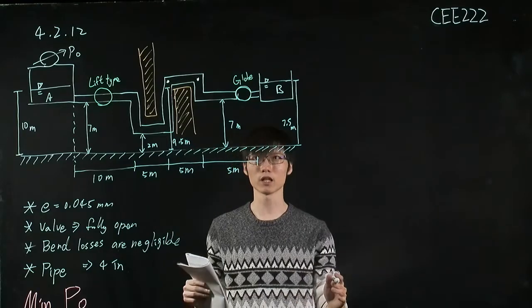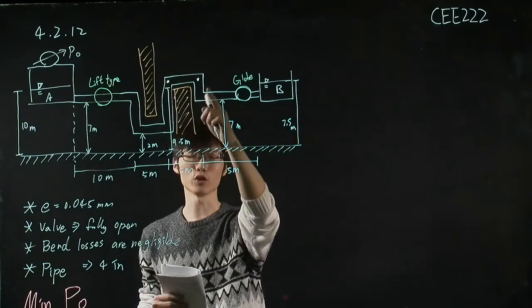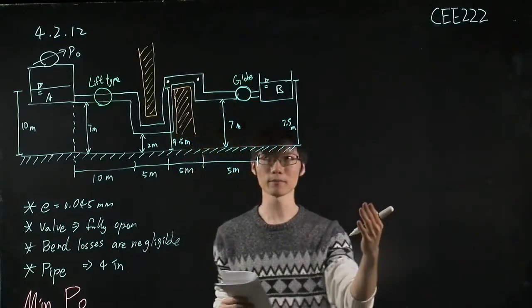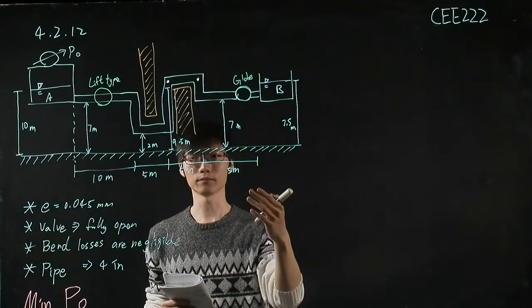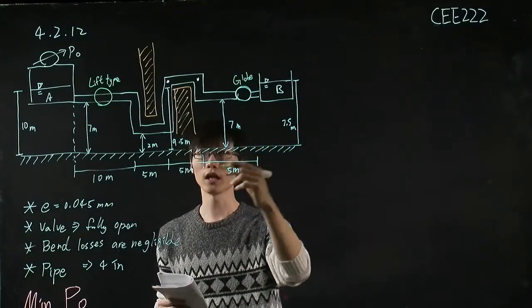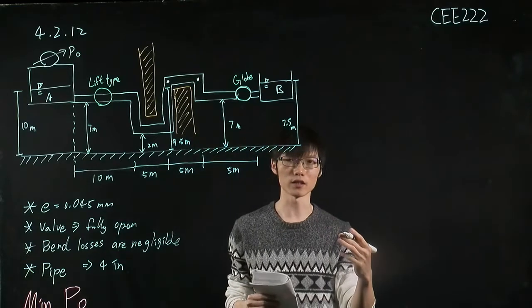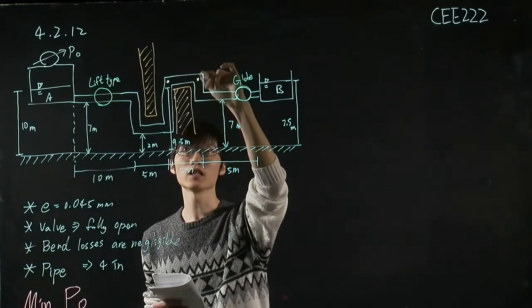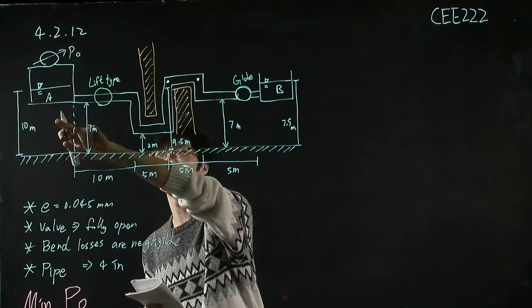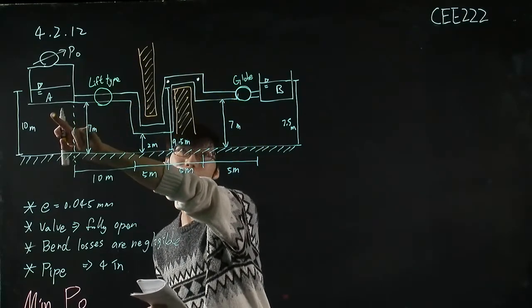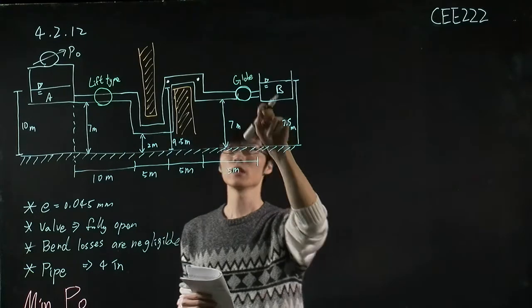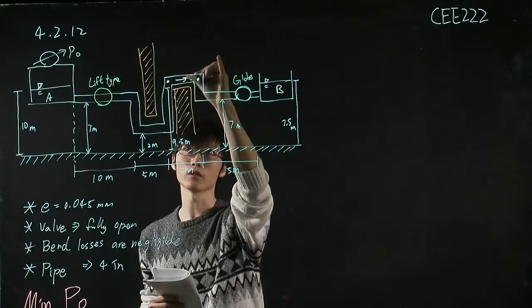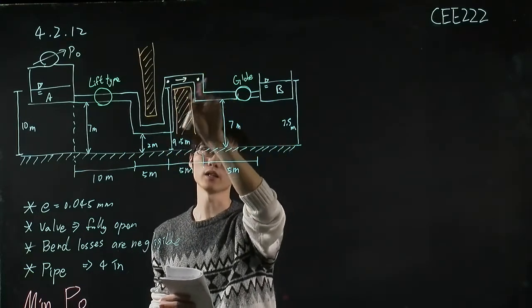So now the question becomes which point we should choose to do the calculation. Because in this problem, we also consider the friction loss, and the flow is from reservoir A to reservoir B, so the flow direction is this way.